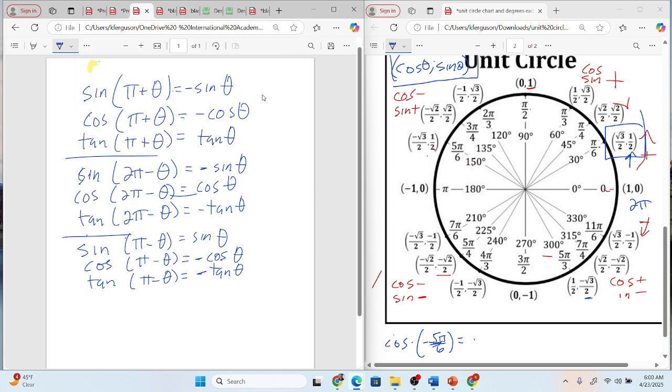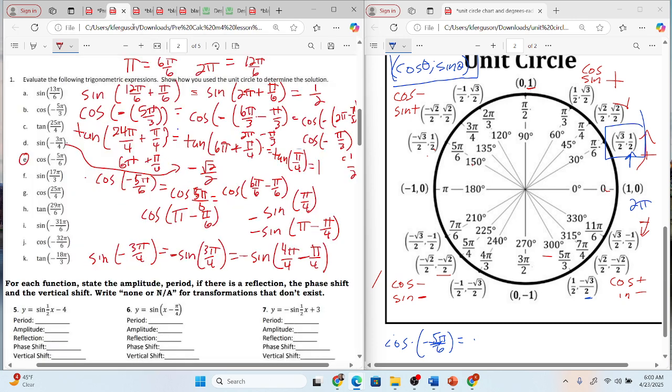So yep, that's going to be negative. Sorry, a little brain fart there. So that's going to end up ultimately being negative cosine of pi over 6, which is 30 degrees. And cosine of that is the square root of 3 over 2, but it's going to be negative square root of 3 over 2.